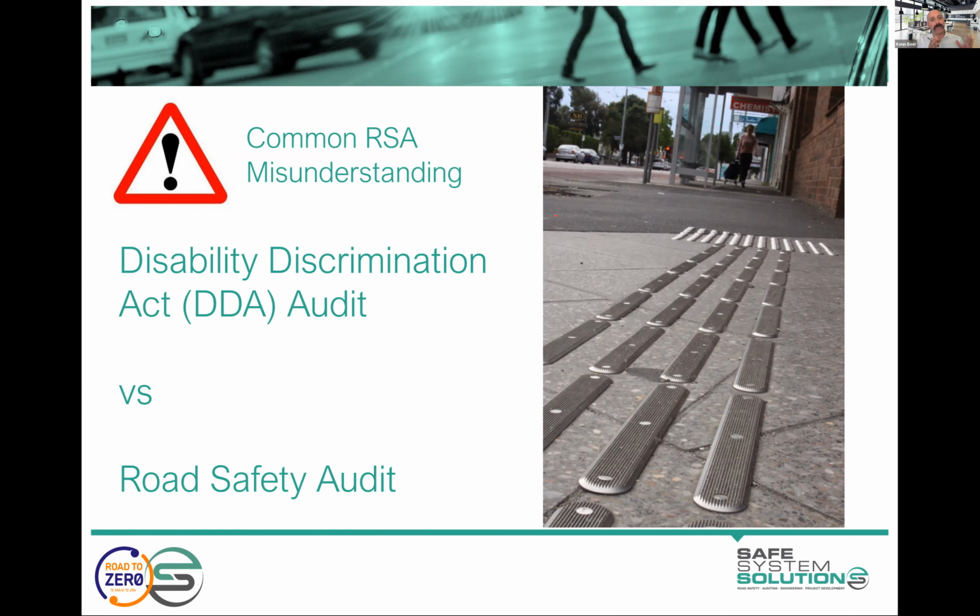The challenge we've got is that a road safety audit is a road safety audit, okay? And we do have the idea of a Disability Discrimination Act audit, or, I can't remember what the particular term is in New Zealand, but that independent set of eyes, or somebody with that real knowledge of the needs of the varied road users we have, in terms of pedestrians and wheelchairs, vision impaired and the like, to really go through and analyze that.